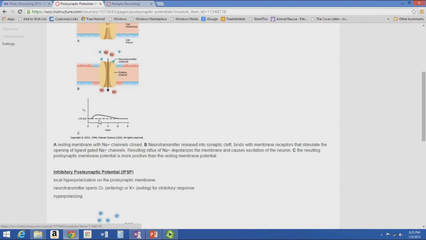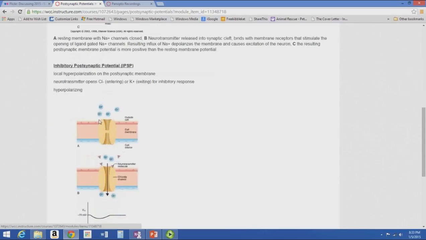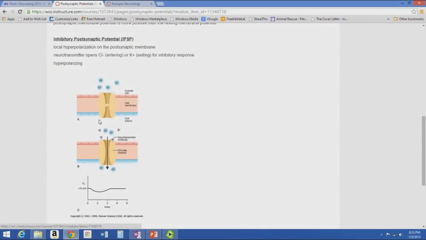Okay? So the opposite is an inhibitory postsynaptic potential, or IPSP. So that postsynaptic potential causes local hyperpolarization on the postsynaptic membrane.